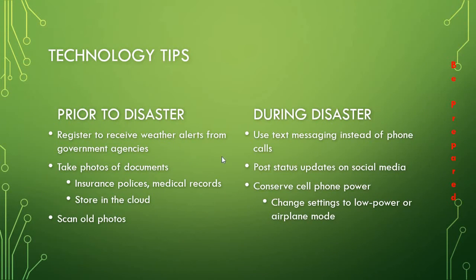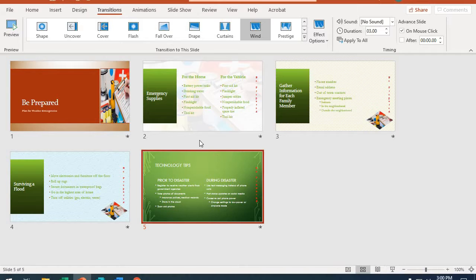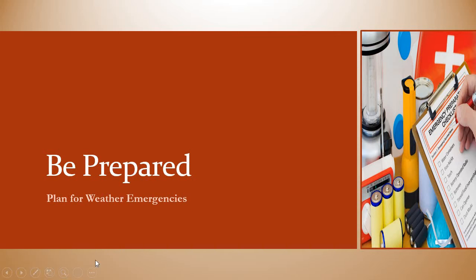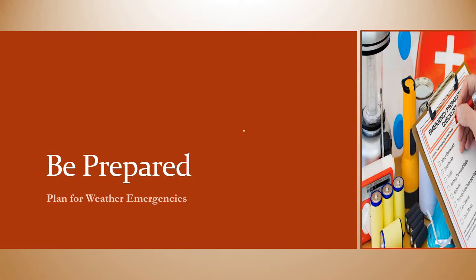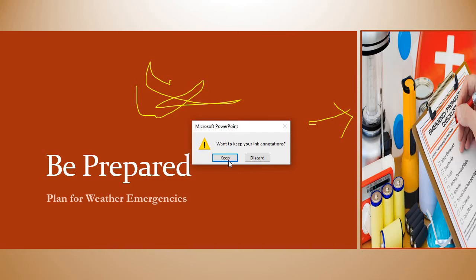So if I'm running a presentation and I'm clicking through the presentation and I start here, so that's the first one. If I want to write on it, I could choose that, and I could talk to you guys and scribble around and point arrows at things. And then at the end of the show, it's going to ask, do you want to keep those?